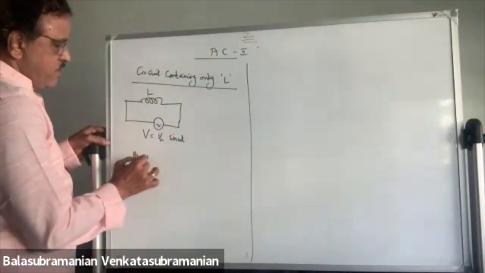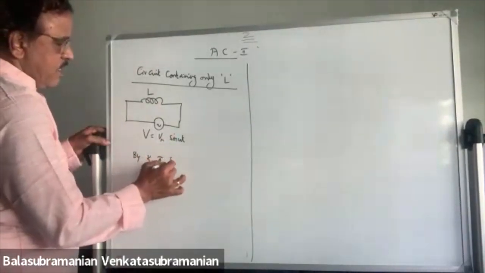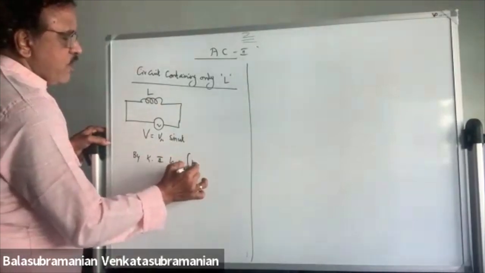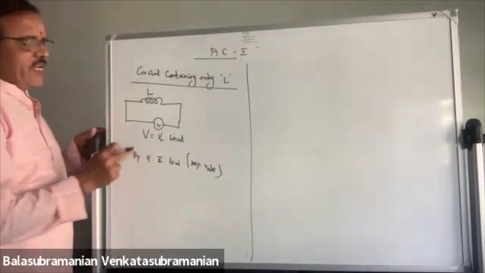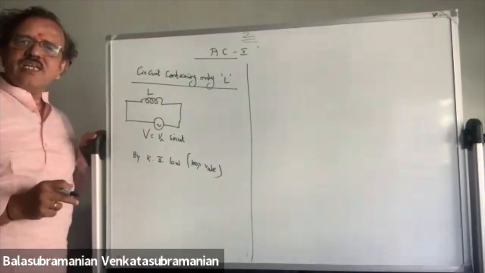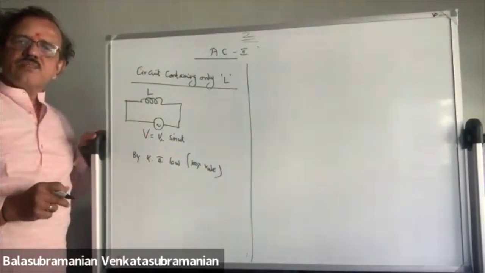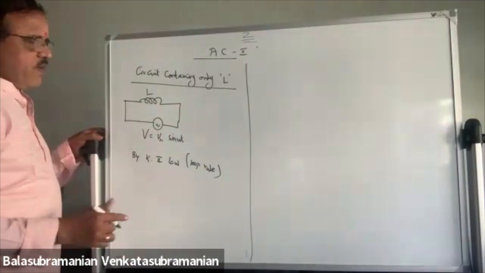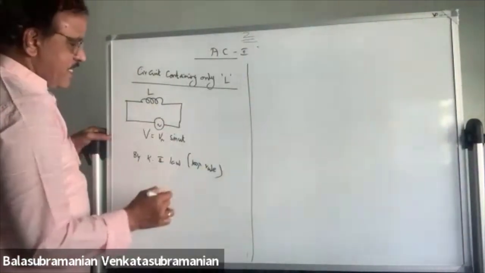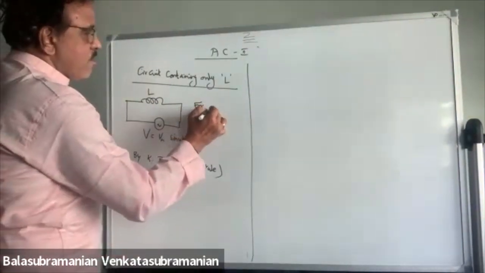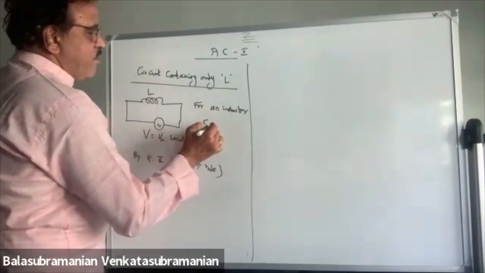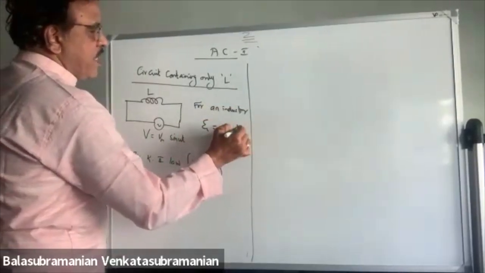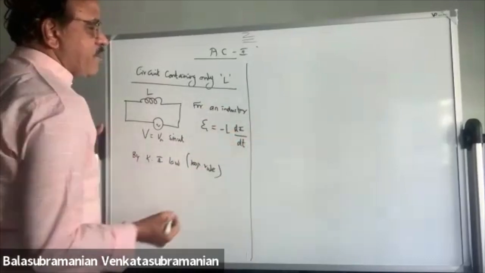By Kirchhoff's second law, that is the loop rule. This is the voltage generated from the AC generator. You know very well, for an inductor, the EMF psi is equal to minus L into di by dt.